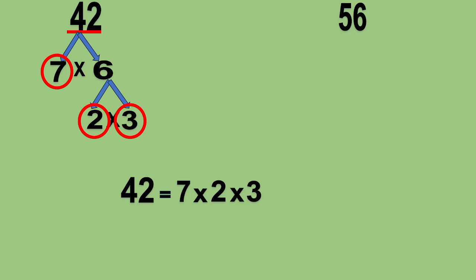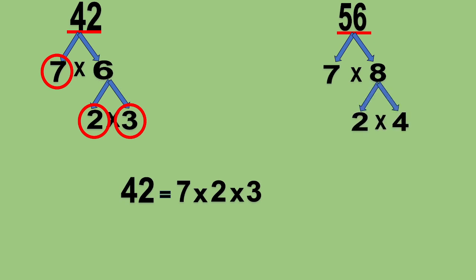Next, we make the factor tree for the number 56. 56 can be factored into 7 times 8. 7 is prime. 8 can be factored into 2 times 4. 2 is prime and 4 is composite. So 4 can be factored into 2 times 2. Now, list the prime factors of 56.